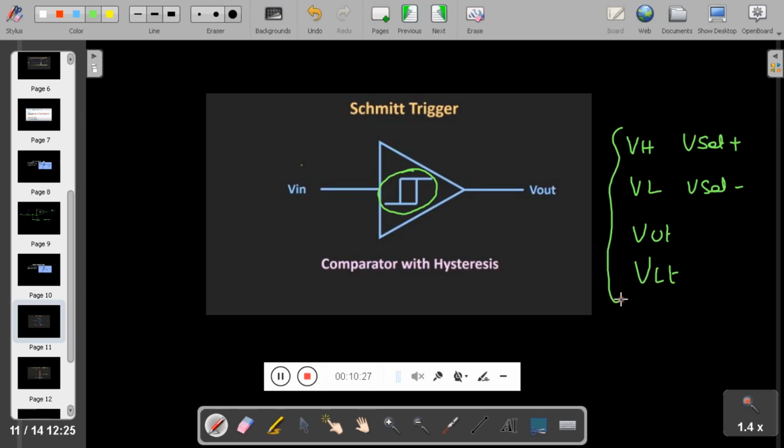By having these 4 parameters, we can draw the transfer characteristic of the Schmitt trigger, that is, how the output behaves with respect to the input changes. So this is the diagram for the inverting Schmitt trigger. For the non-inverting Schmitt trigger, we have another diagram. I will show you that later.